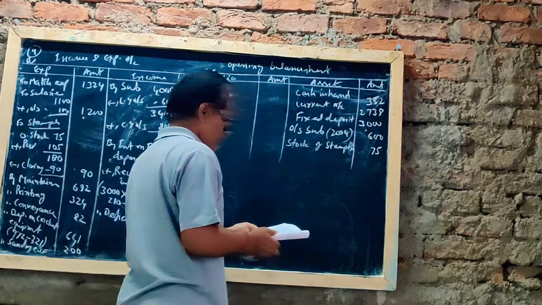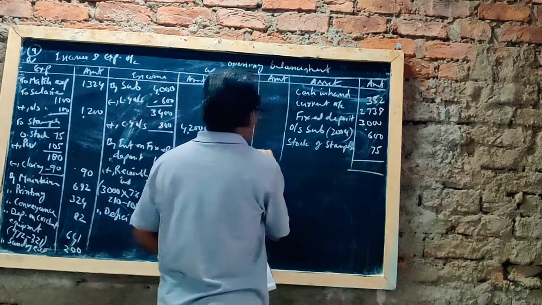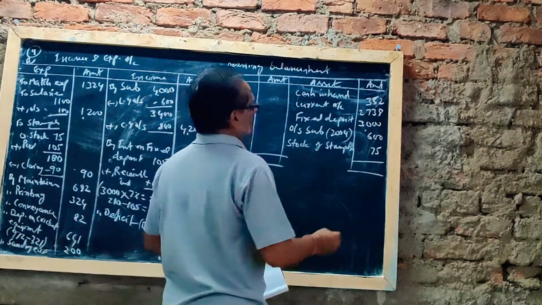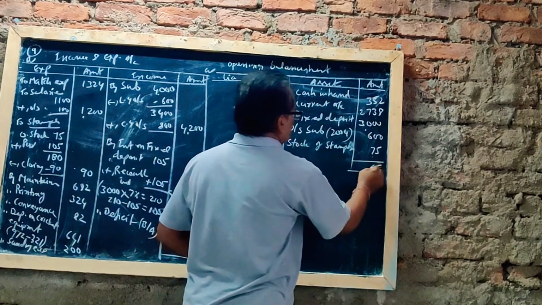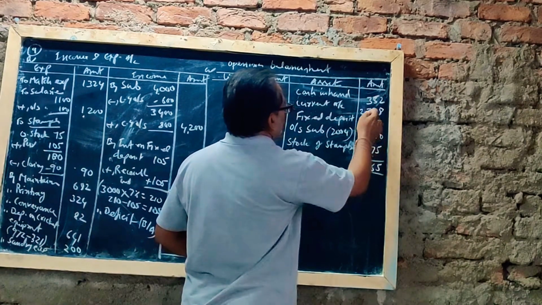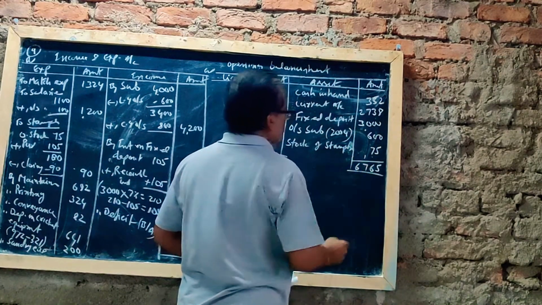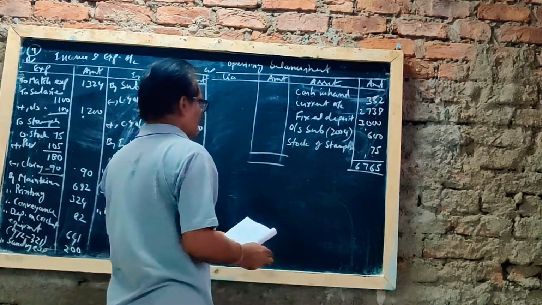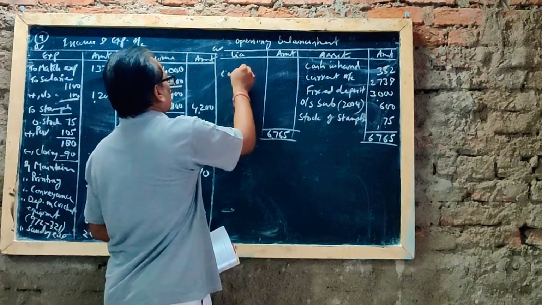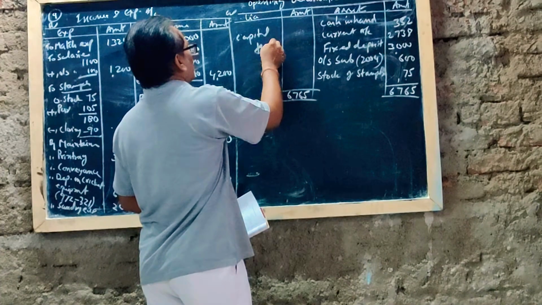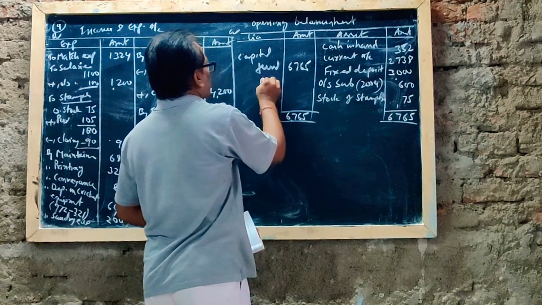So these are all opening assets. Now find the total, 6765. Yes, 6765. This is the capital fund, 6765 balance amount.